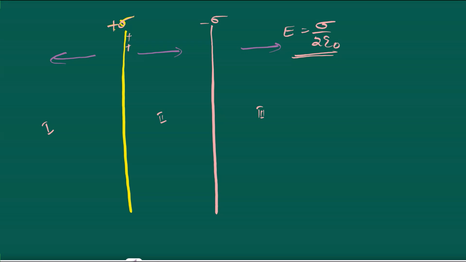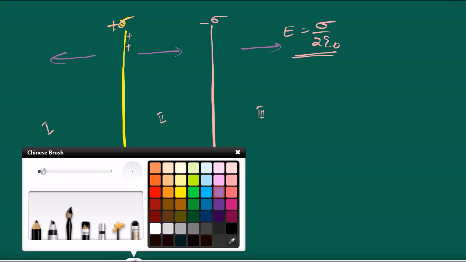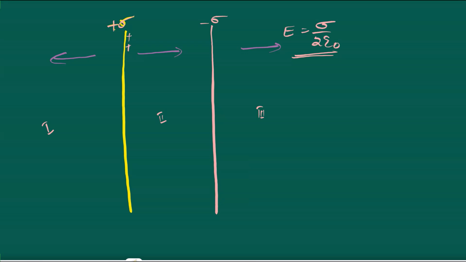Now, considering these three regions, we have to work out the direction of the electric field due to the negative charge. Negative charge means it will be uniformly distributed like this, and electric field is acting radially inwards.